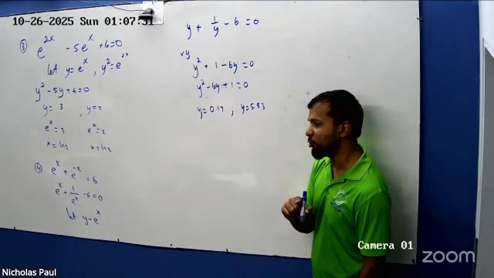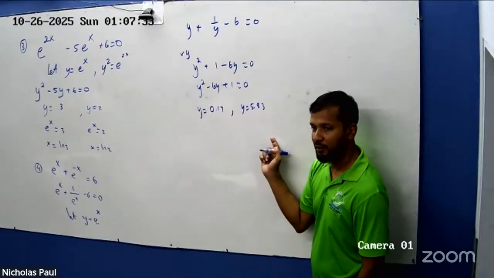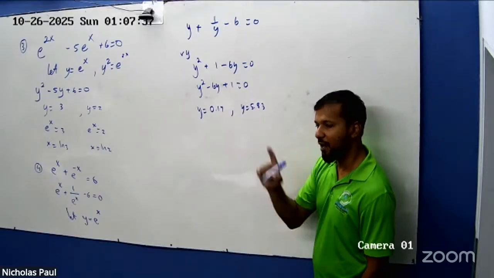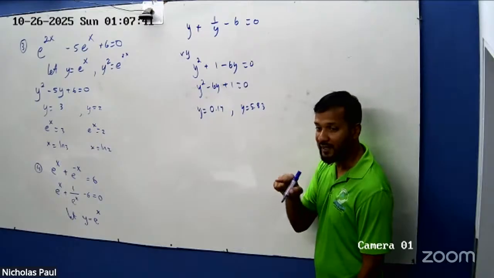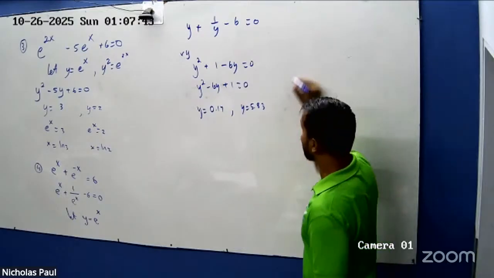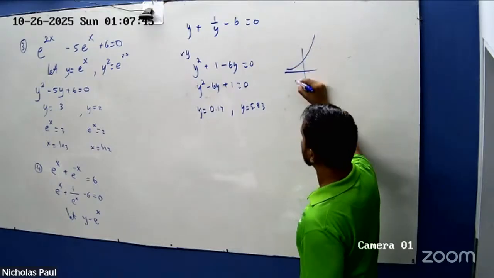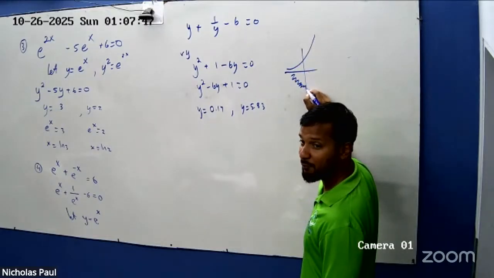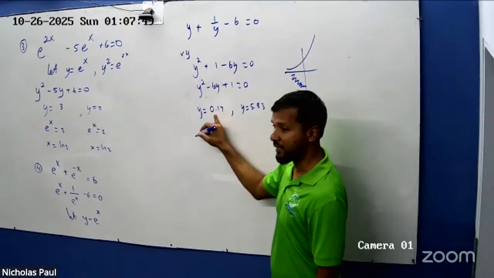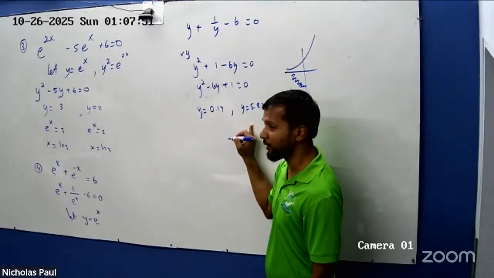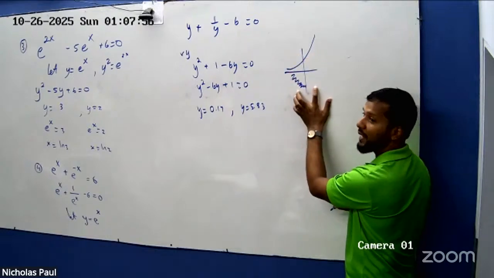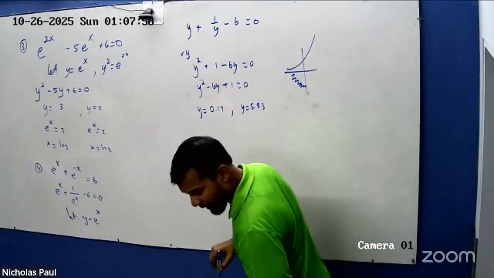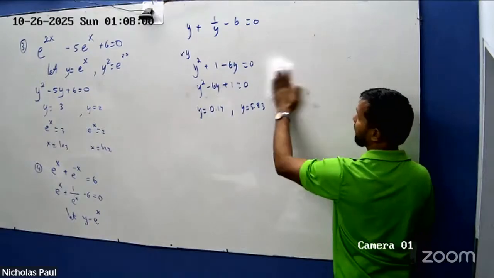Is there a solution for x if y is negative? Your graph looks like this. So there is no solution in the negative y part. So if you get a negative here, it means no solution. Your e to the x can never be negative.